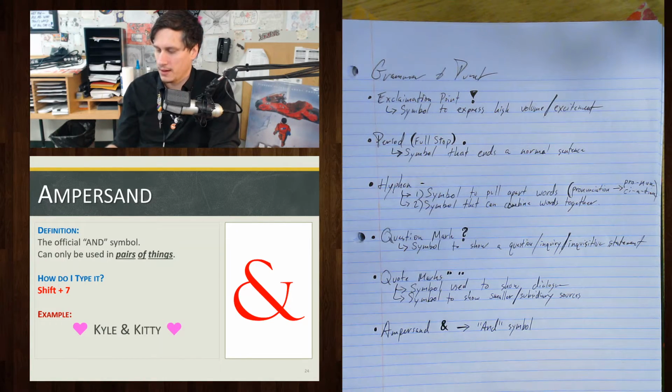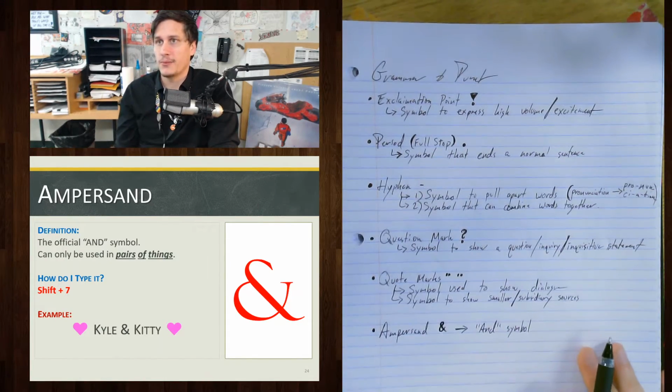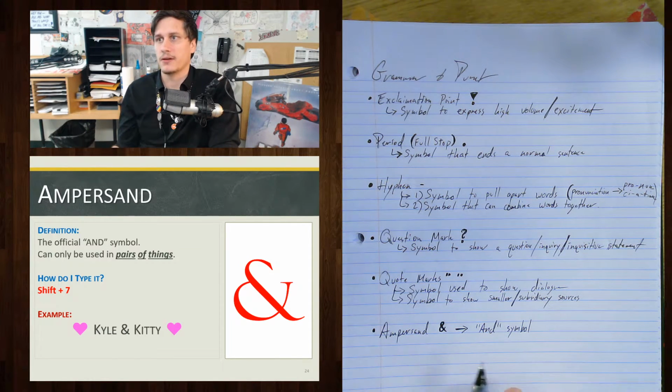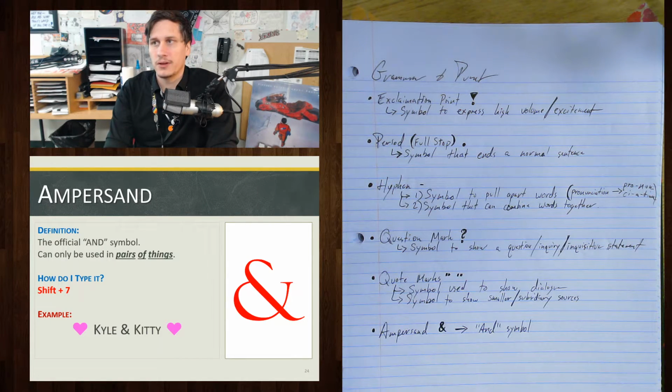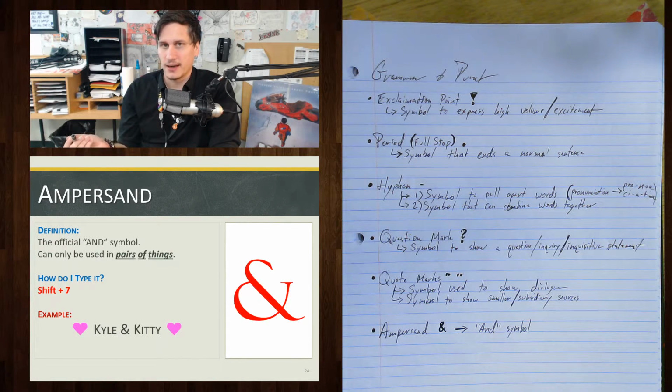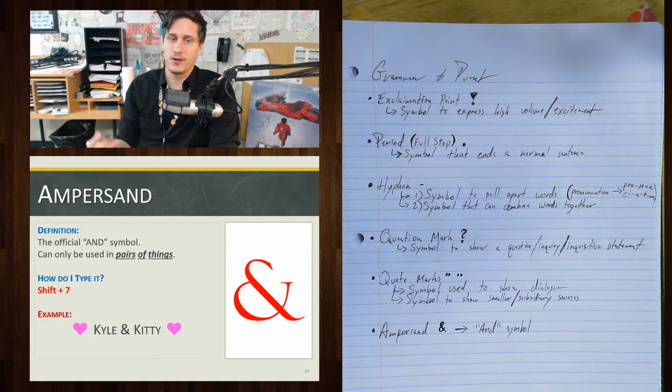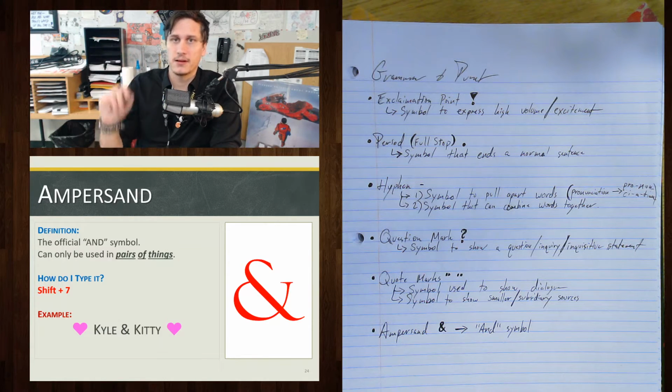So, if you ever hear companies like Johnson & Johnson or Barnes & Noble, Barnes & Noble used to be a thing. So you really want to use the ampersand in cases like that. If you and your significant other, your boyfriend, girlfriend, whatever, you would write your name and their name.